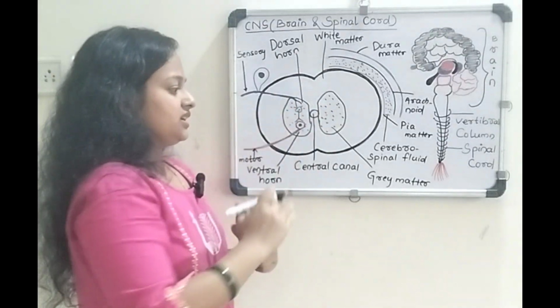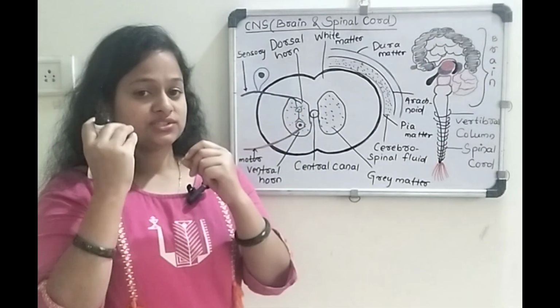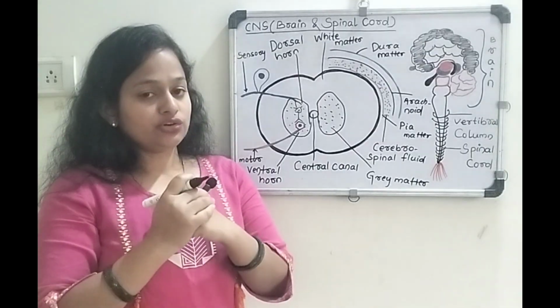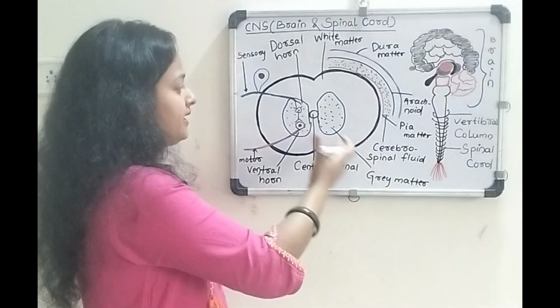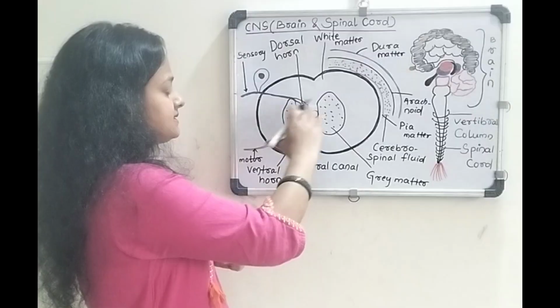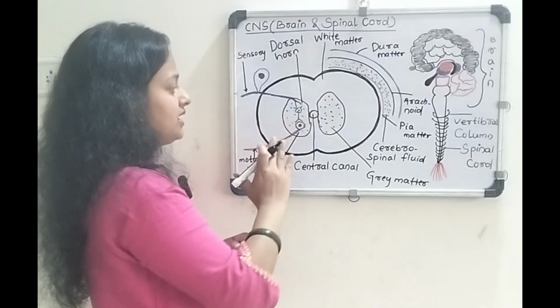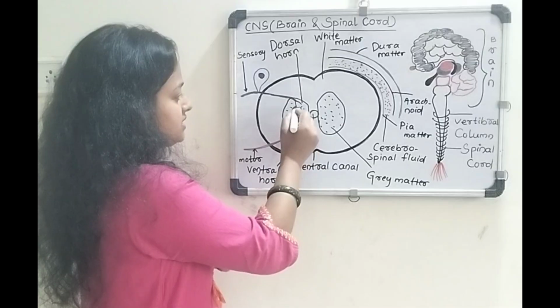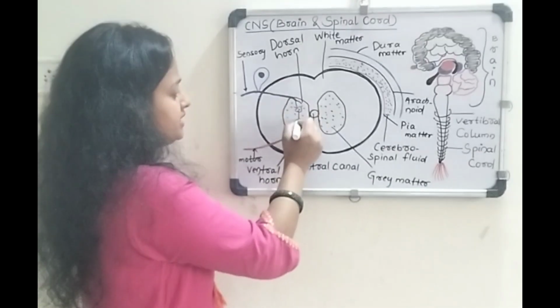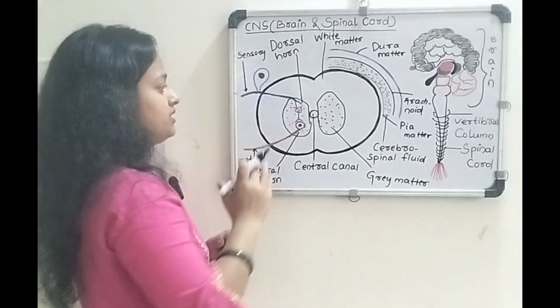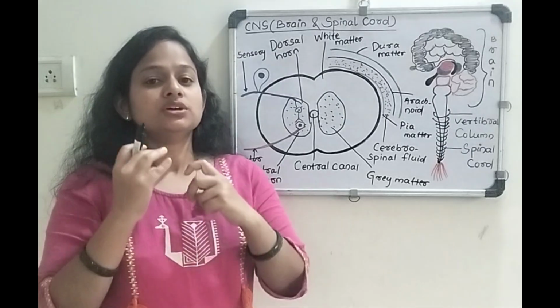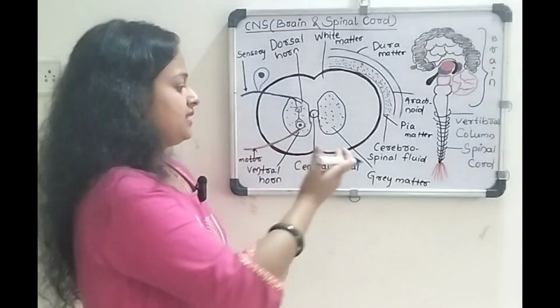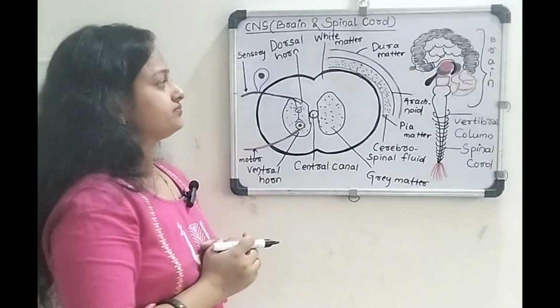In the grey matter the cell bodies of the nerves are present, so it is grey in color. The central part also contains intermediary neurons and cell bodies. Due to the presence of the most cell bodies, it is grey in color.